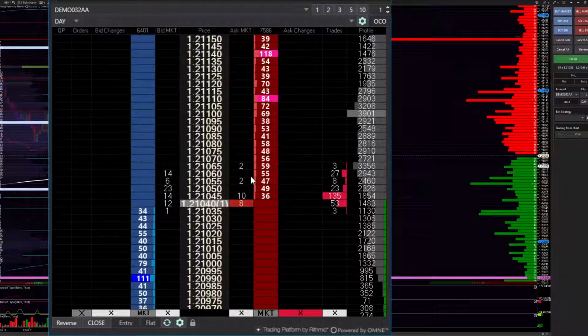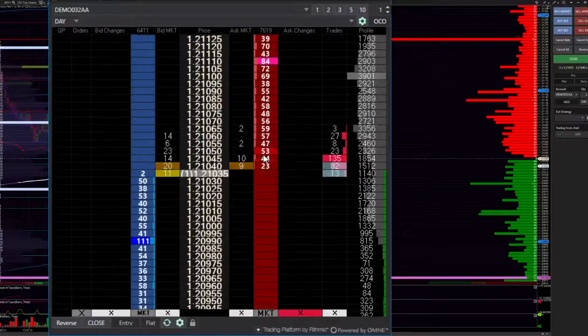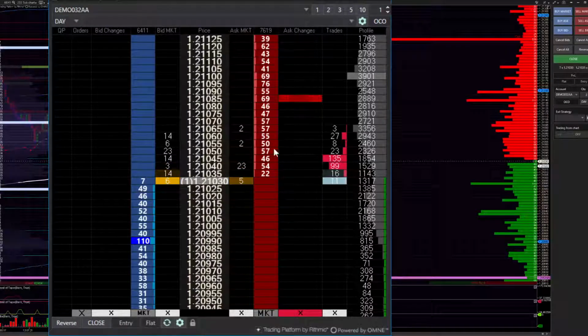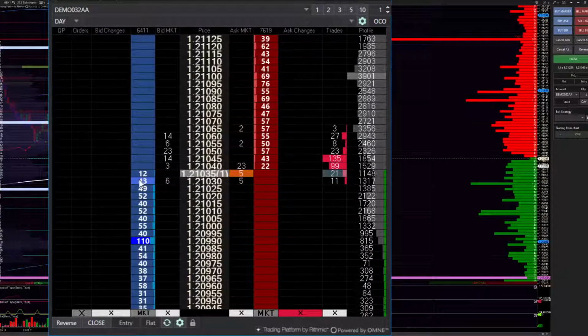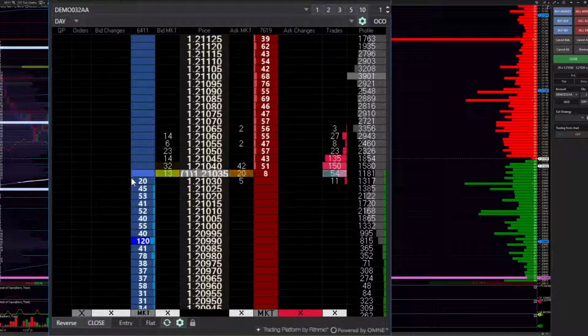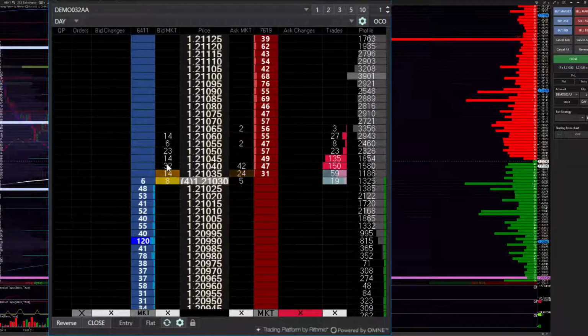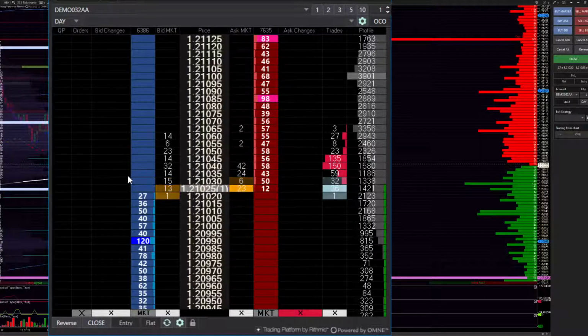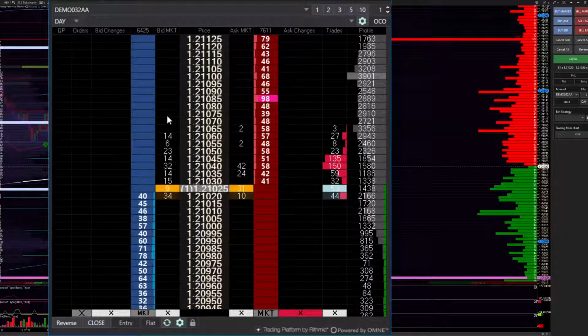You need a buyer, you need a seller, and if that buyer takes that selling offer, the price will go up, okay? Because they will be buying from the seller. In the other case, he will be selling to the buyers, and the market orders are the aggressive ones because they are not just waiting for something to happen. They are taking whatever the price is right now, and that's what moves the price up and down, right? Not the pending orders.